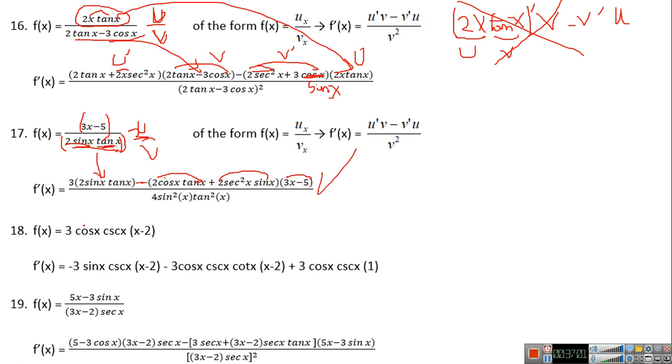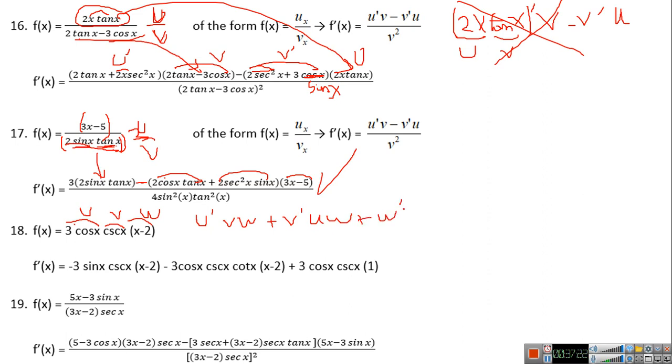Here, this is of which form? This is of the form u v w. I have a product of 3. Even if you have 4, it's u prime v w plus v prime u w plus w prime u v.